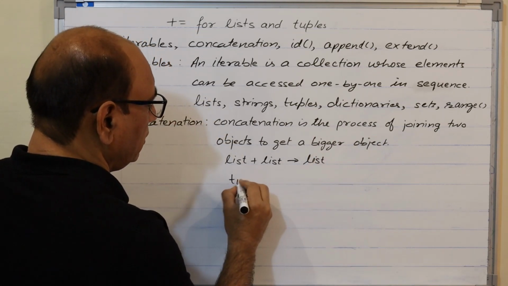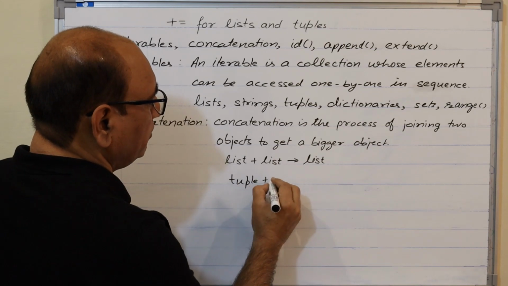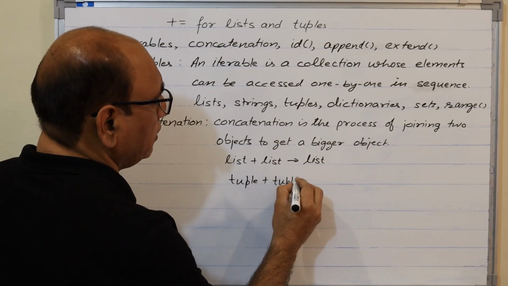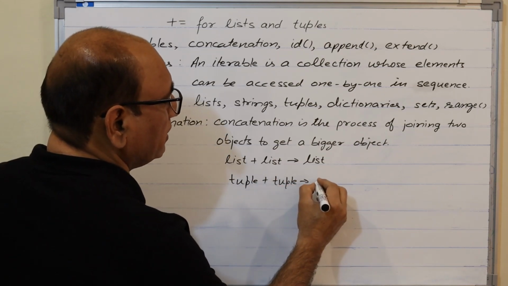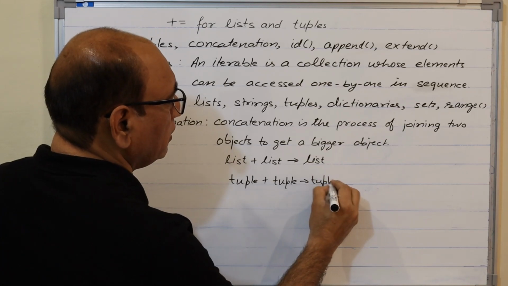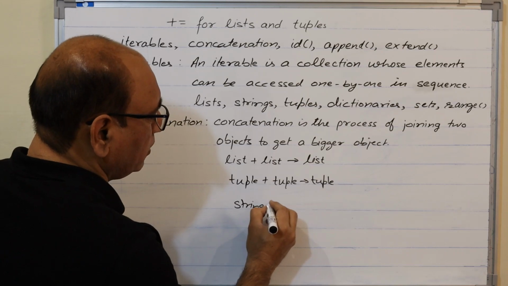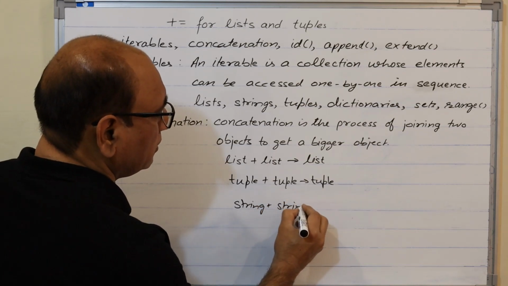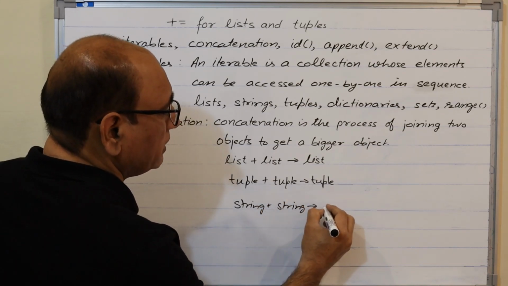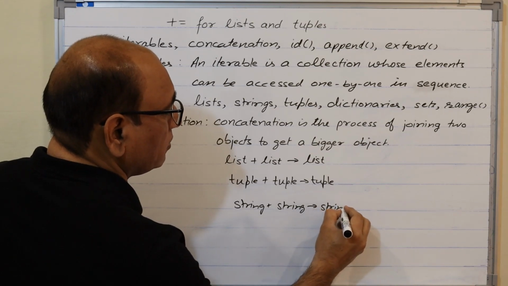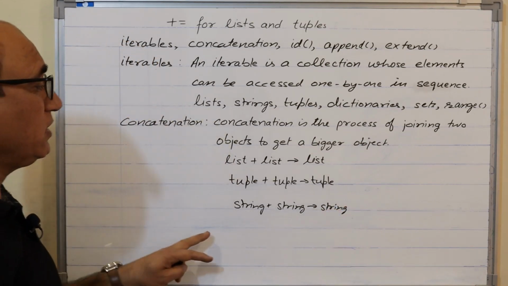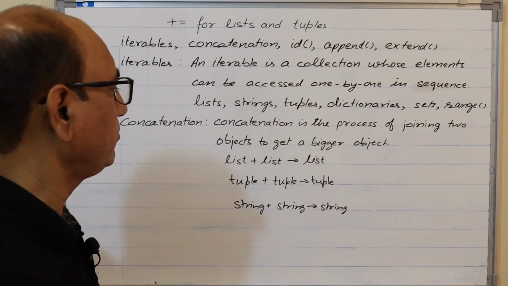Similarly, we can concatenate a tuple with a tuple. Tuple plus tuple gives a bigger tuple. Then strings. String plus string will give us a bigger string.